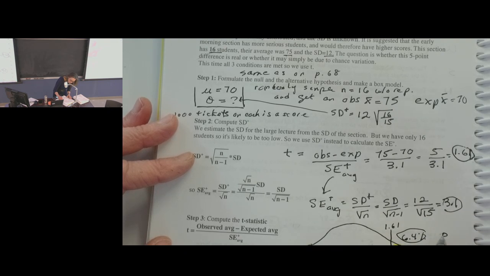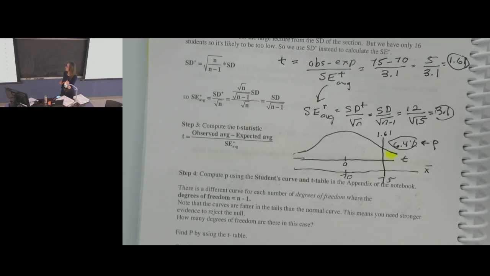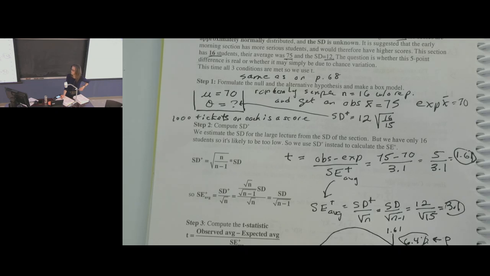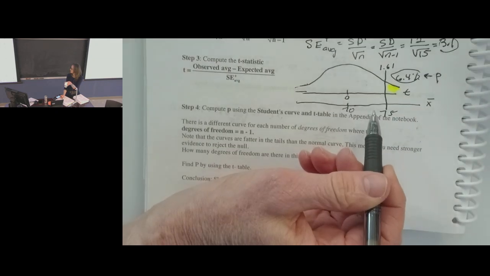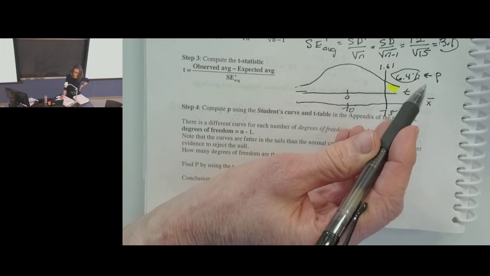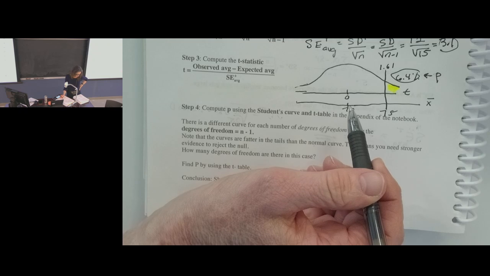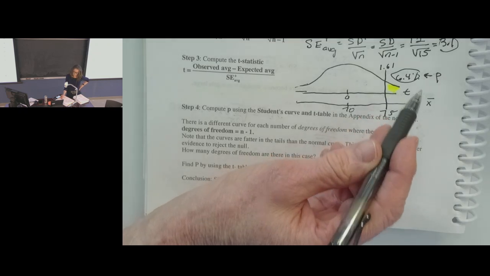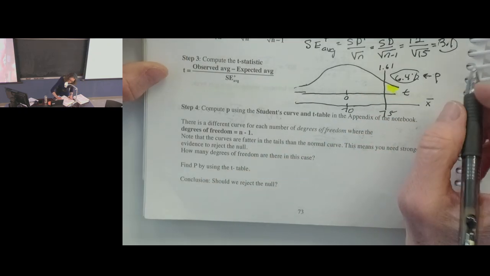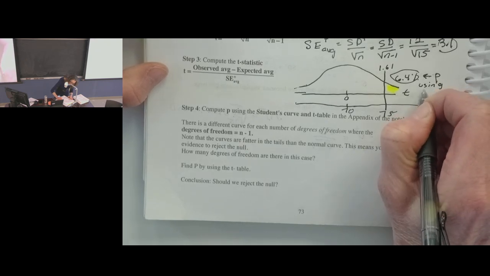That's our p. Sorry, that's our p. So that 5-point difference, so we can't reject the null. Now, this was using the p-value calculator.